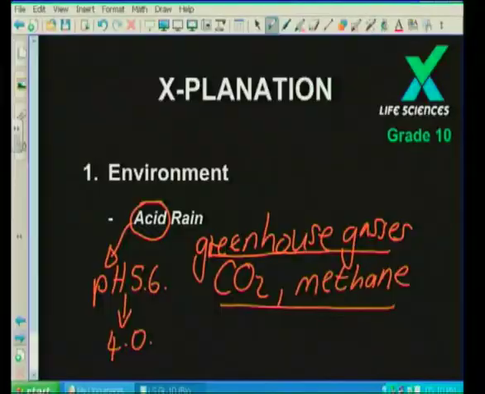Now what's going to happen? That acidity is going to affect, once again, the plants and the animals. It's poison for these animals and these plants. So we are killing the plants and the animals. So once again, it's the human impact on the environment. We are the cause of greenhouse gases, and that will affect the rainwater, making it acidic, affecting the plants and the animals.